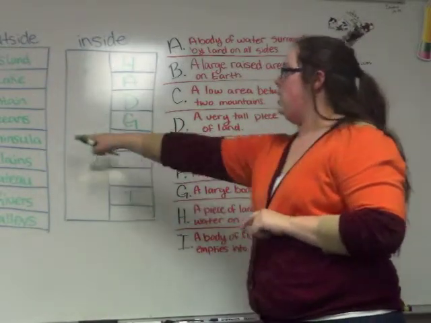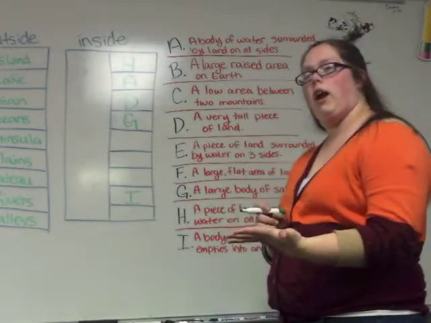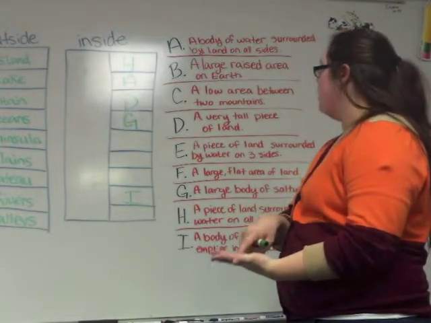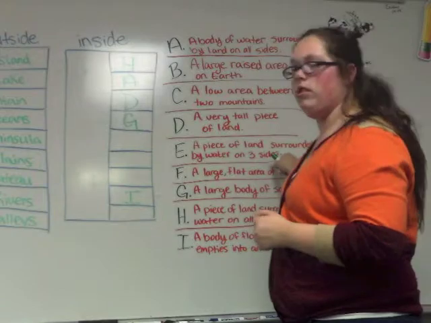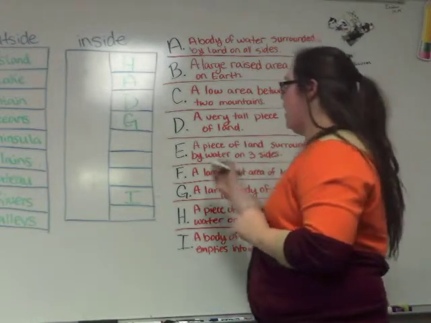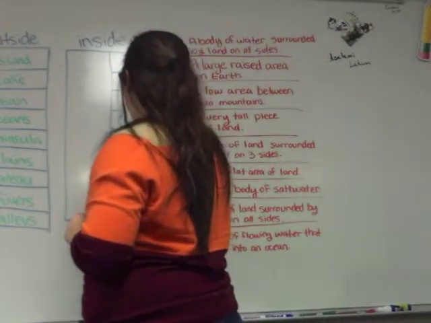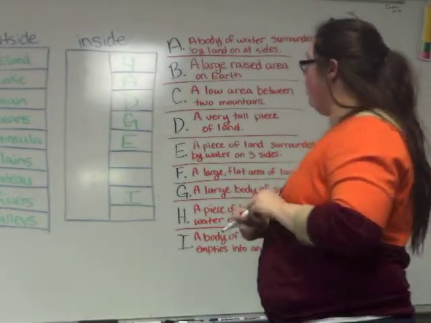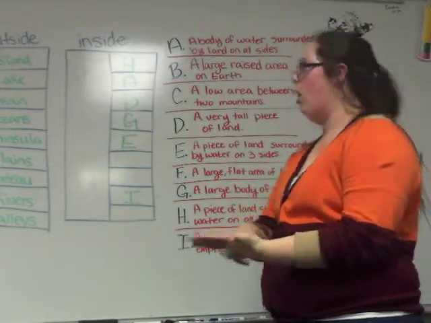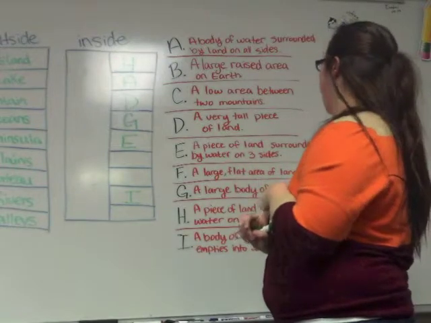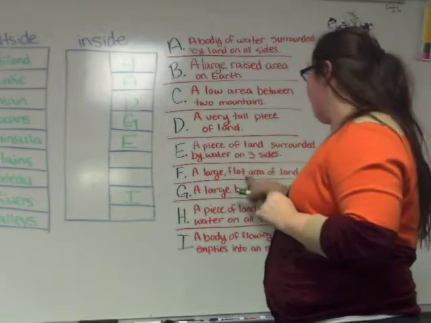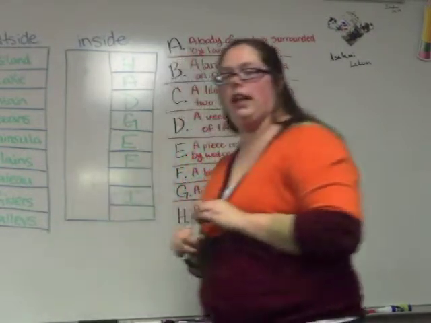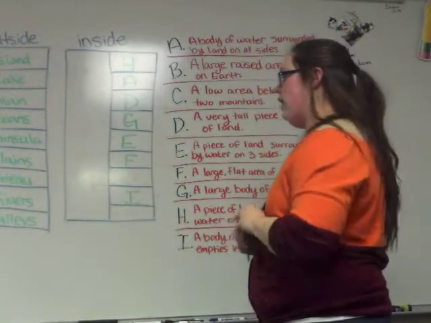Okay, back up. Peninsula. On our hand, we had 5 peninsulas, and we said it was surrounded by water on 3 sides. So a piece of land surrounded by water on 3 sides is E, which is peninsula. Next is plains, and plain was our flat palm, so it is a large flat area of land, and a lot of deserts are plains because they're very large and very flat.